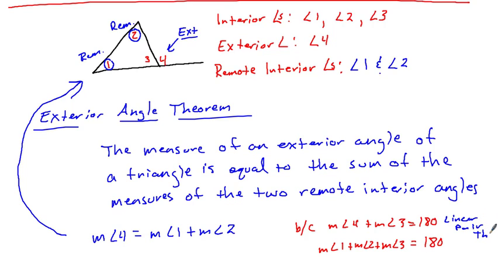So that's our linear pair theorem. And 1 plus 2 plus 3 equals 180 is our triangle sum theorem. Okay, both of those say those things add up to 180, so it should make sense to you that angle 4 is equal to angle 1 plus angle 2. And that's it. That's our exterior angle theorem.